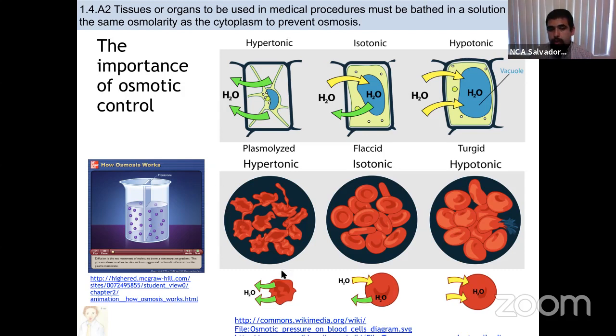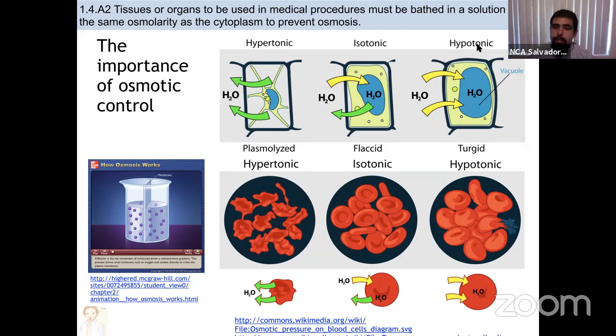If water comes out in a hypertonic solution, is the outside high or low concentration? High, right? It moves towards the high. So in a hypertonic solution, the solute concentration is higher on the outside than on the inside, so water is going to come out.